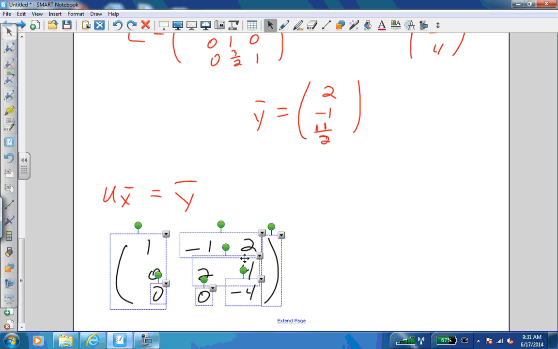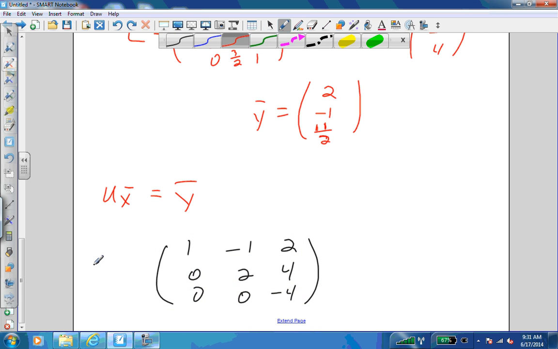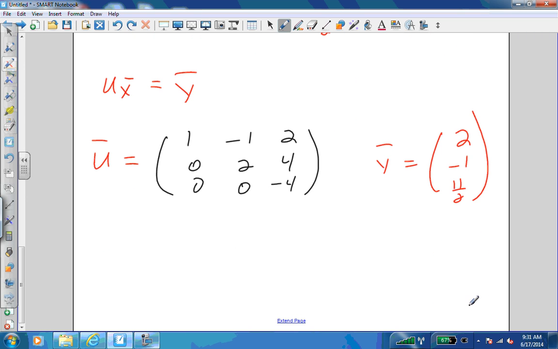I don't want to rotate that. So that's our U and our Y. So we can use our U and our Y to find X.